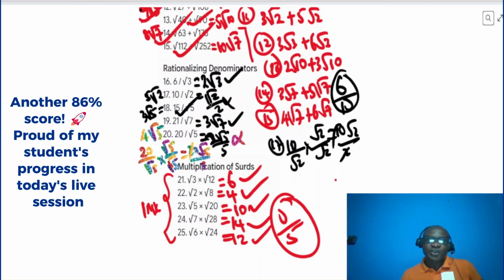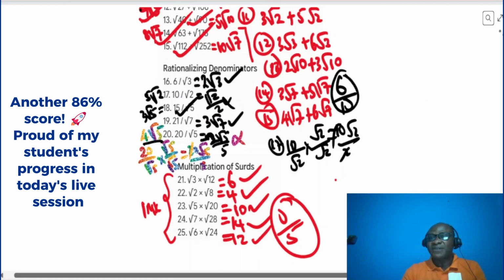Number 17, you got root 2 over 2, but the right answer is 5 root 2. Then number 20, you got 2 root 5 over 5, but the right answer is 4 root 5. Is it okay? Yeah. So in the rationalization part, you got 6 out of 10.